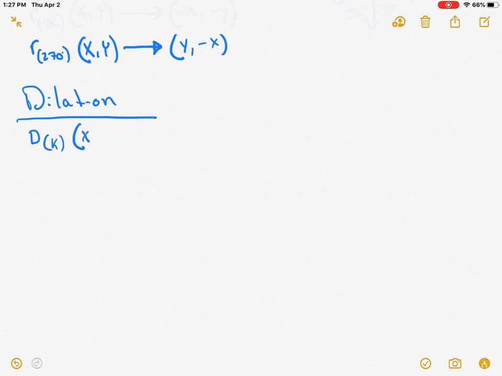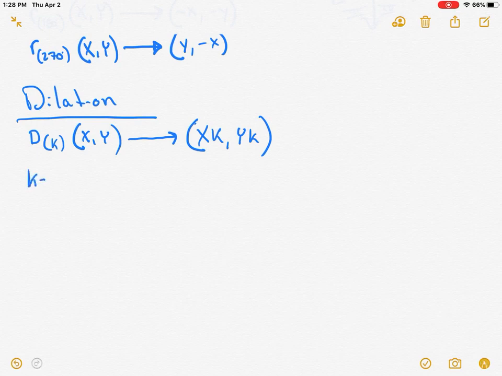So we have x and y, the dilation happens, and all we're doing is taking what our original x was and multiplying it by our scale factor. We take our original y and multiply it by our scale factor, right?